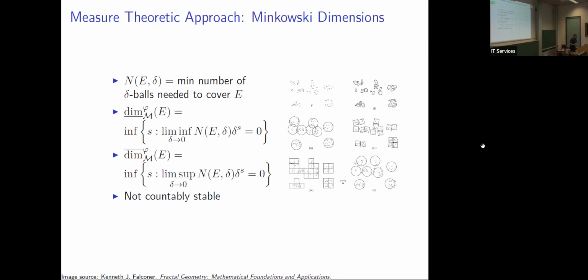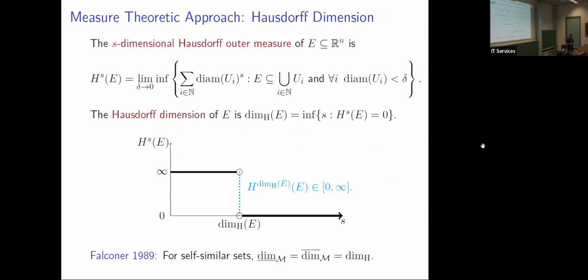Okay, so we have some more sophisticated notions of dimension, with the most famous being Hausdorff dimension. What you're essentially doing here is allowing all these cover elements to have different sizes that just have an upper bound. So instead of just summing up the number times delta to the s, we're going to sum up all of their individual diameters to the s, and we still have a cover of this, and delta is an upper bound on the diameter.